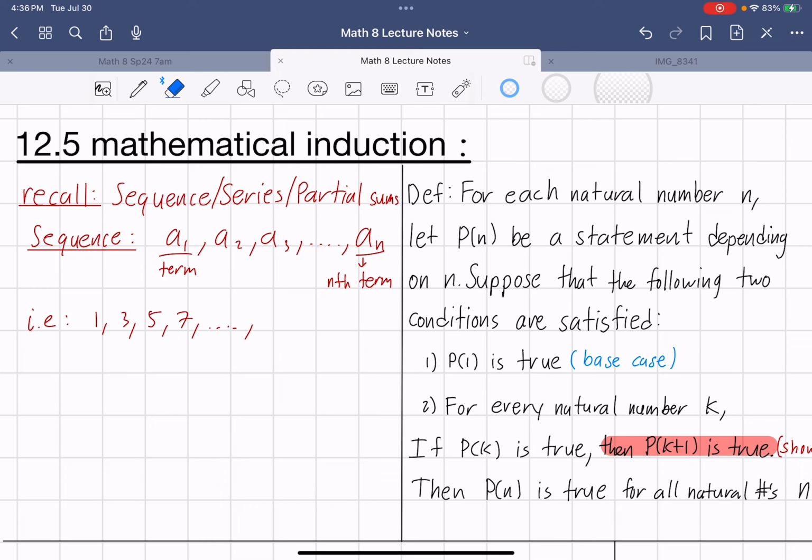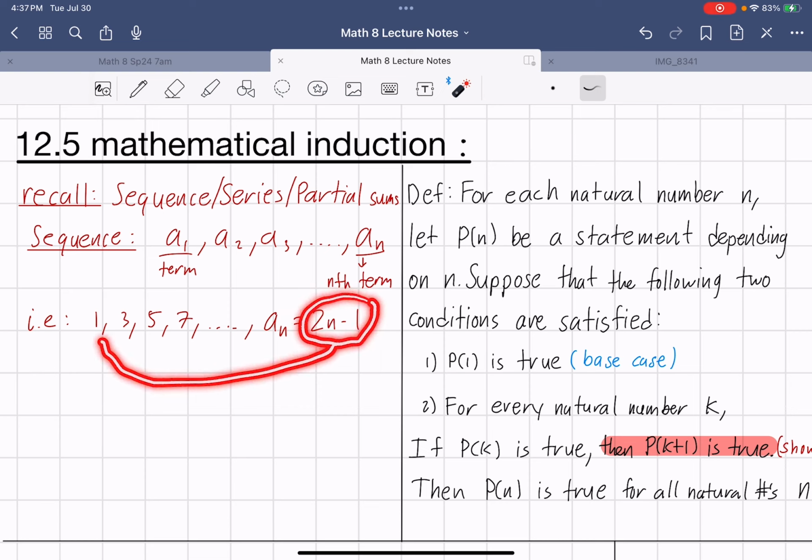But the nth term, that a sub n, is 2n minus 1. The idea is, I know that the next number is 9, and then after that would be 11, and then 13, because this is just all the odd numbers. Now, what is this doing? This little formula can help me find every single number in this sequence.